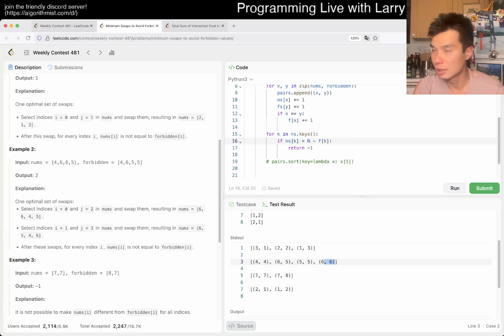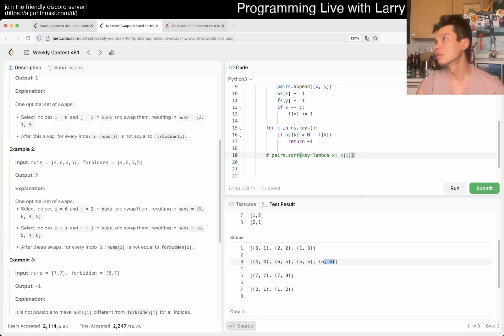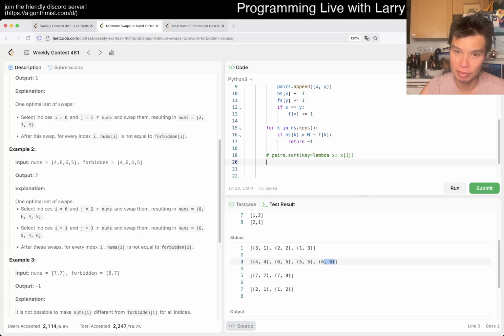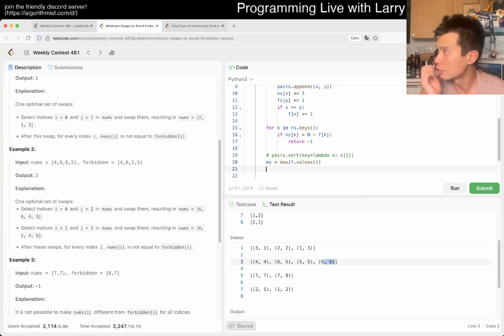So then now this is the max number, right? So the max value of f. Max. So the max of this, so this is the total count.